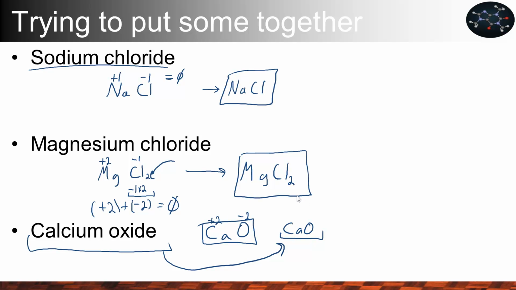And our overall goal in this semester is that I'll be able to give you a name, then you'll be able to come up with a formula. From the formula, you'll be able to predict how the different atoms are attached to each other. From how they're attached, you'll be able to tell me what shape the molecule exists in. From the shape, you'll be able to tell me how the forces interact between one molecule and the next. And from how those forces are, you'll be able to tell me all about the chemical properties of that molecule.